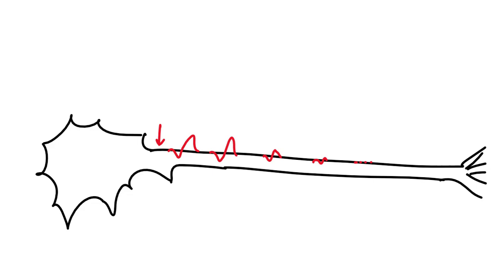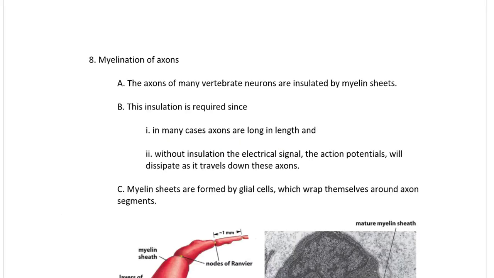Okay, that's just the way it works. It just starts to lose its intensity. And once it loses intensity, then those voltage-gated sodium channels, that patch of membrane, will not reach the threshold necessary and you get fail initiation. And this problem is solved by insulating those axons with myelin sheaths.